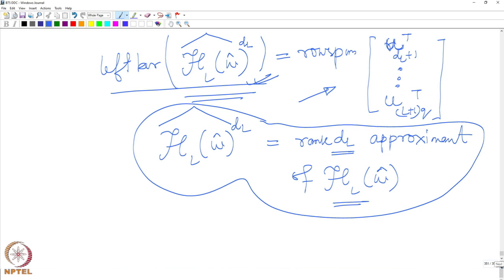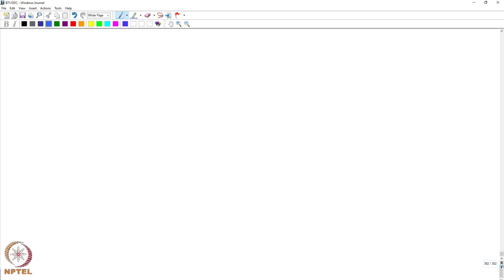Great. So that is how with SVD you can do this identification or finding out this most powerful unfalsified model from finite time series data, even when the data is noisy.